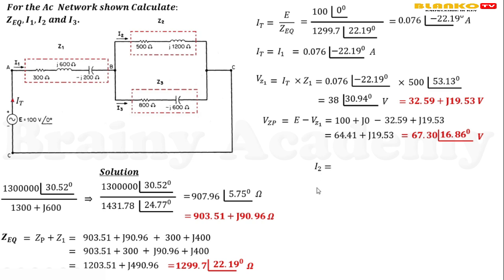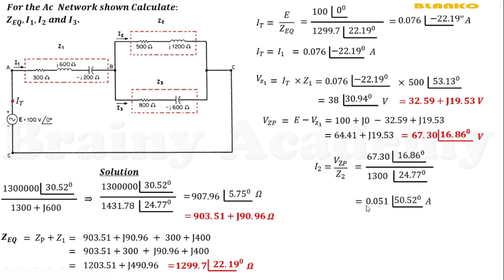So I2 is equal to VZP, the voltage across the parallel network, over Z2. This is 67.30 angle 16.86 degrees over 1300 angle 24.77 degrees, which is going to be 0.051 angle 50.52 degrees amps. So I2 is 0.051 angle 50.52 degrees amps.